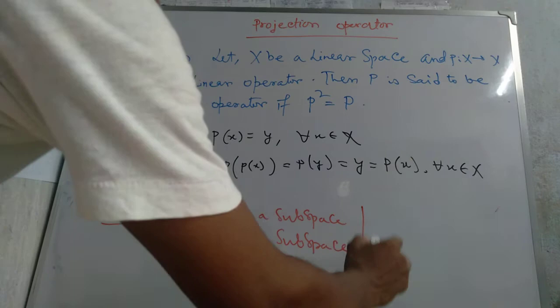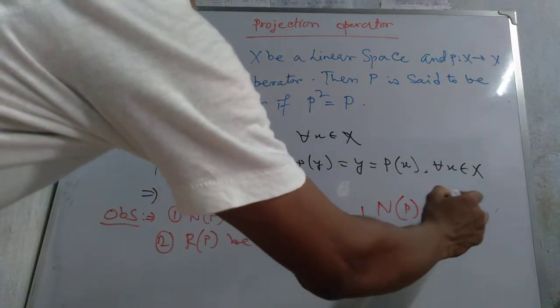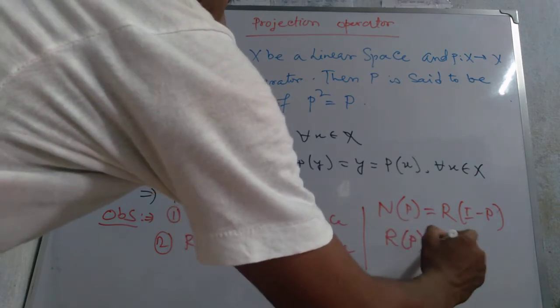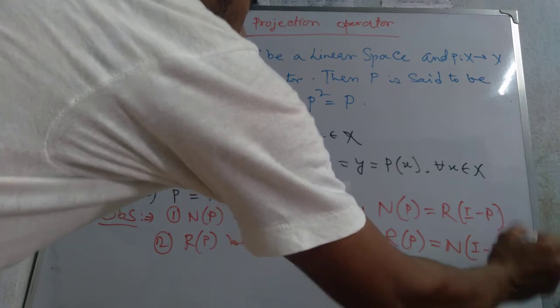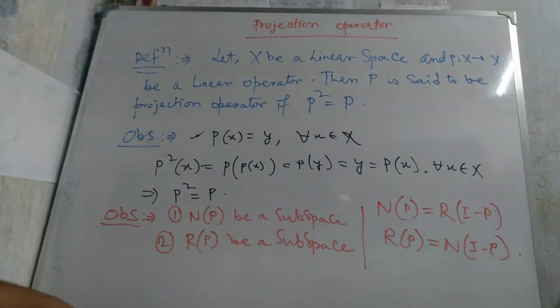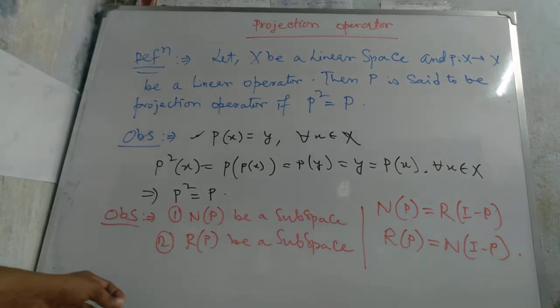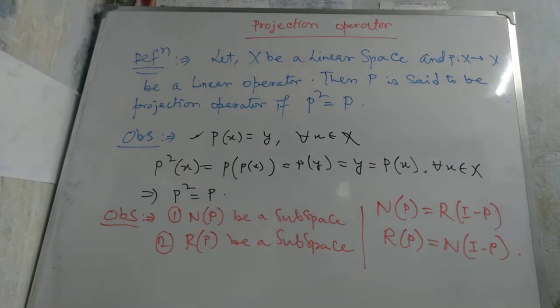Then obviously N(P) equals R(I minus P) and R(P) equals N(I minus P). Then if X is a linear space and P is a projection operator on X, then N(P) and R(P) are subspaces of X, and X equals N(P) direct sum R(P).